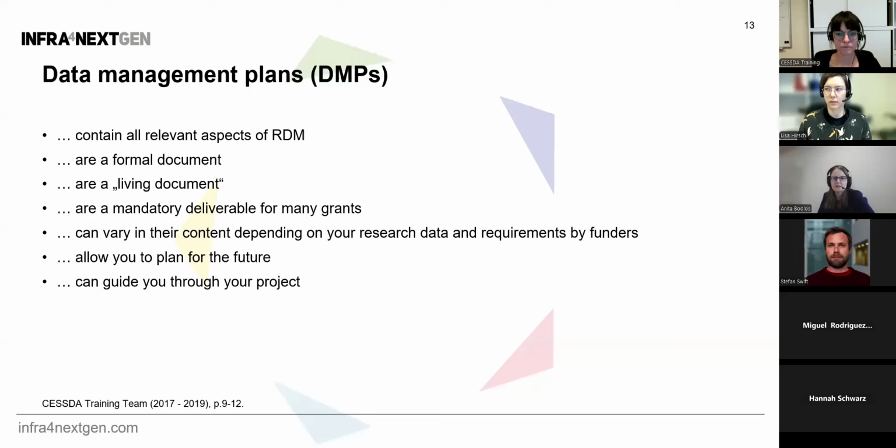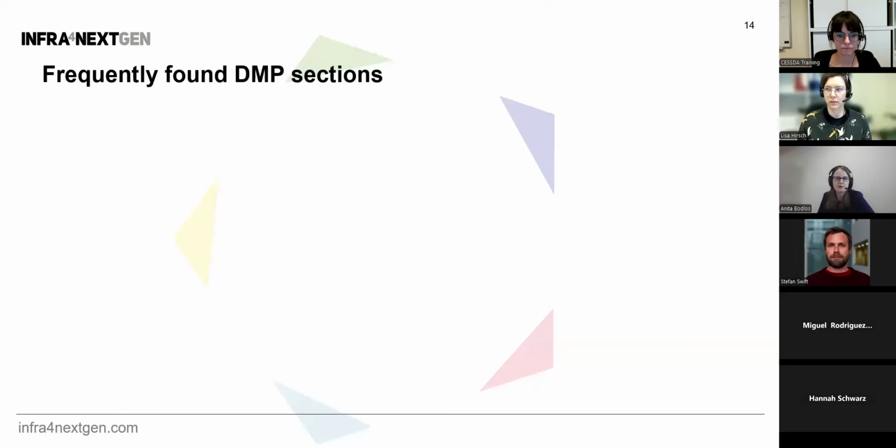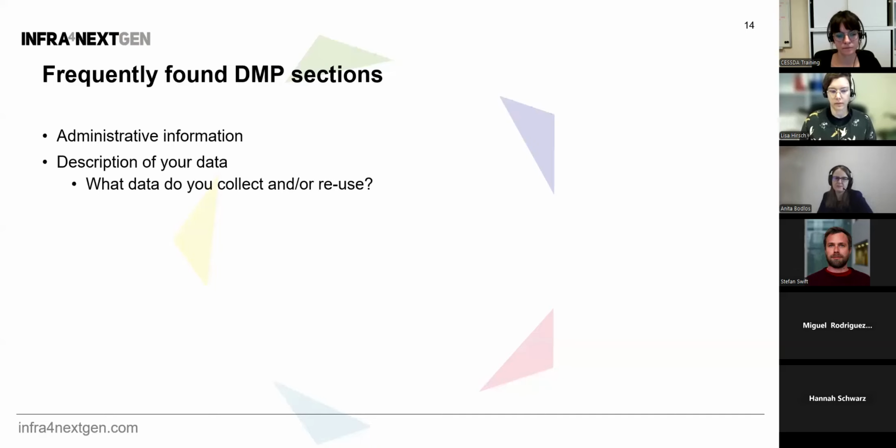How does a DMP usually look like? There are different templates for it, but frequently found sections are the administrative information that is usually at the beginning. What's the title of the project? Who is the PI? Who is responsible for research data management? How many resources are allocated for research data management, for instance?